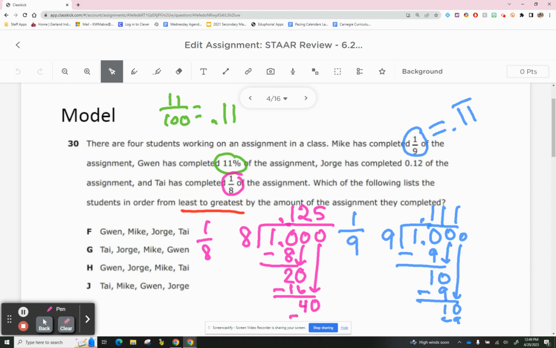Okay, because 5 goes evenly into 40, 5 times 8 goes evenly into 40. So our number here is going to be 0.125. Okay, so we have, oh, and this one's already a decimal, so I don't need to do anything to that one. All right, so let me clear it out real fast.